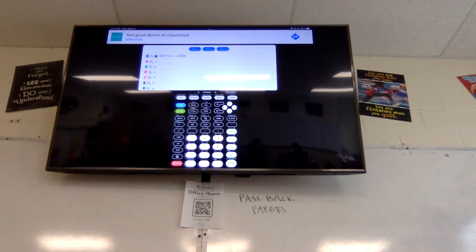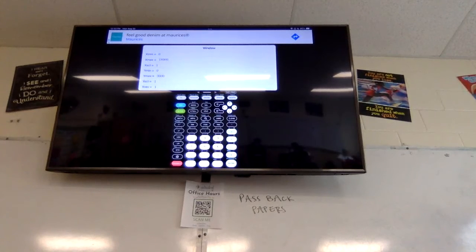Before I press enter though, I'm going to go to my window and change that. Window is really the biggest thing that messes us up. If you haven't changed your window since last year, it's probably -10, 10. On these, we're doing real life situations, so there should be no negatives. So both my X-min and my Y-min will be 0.